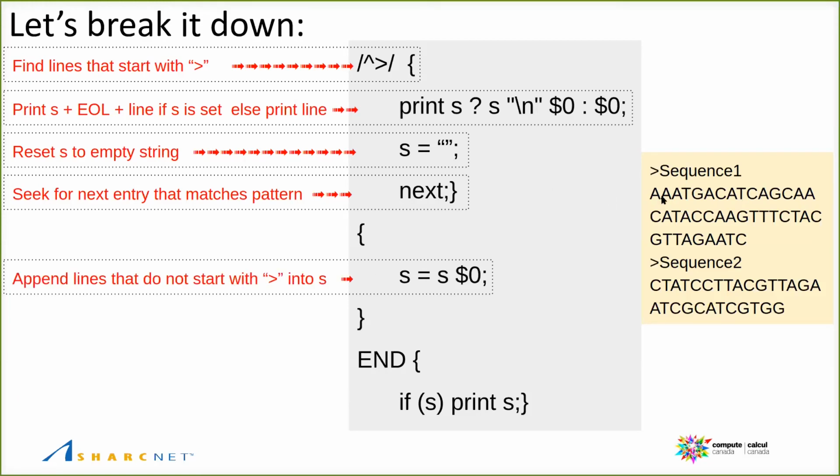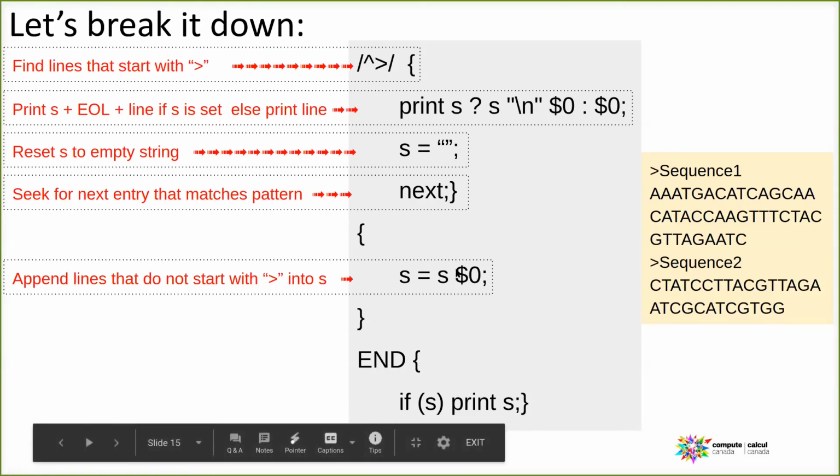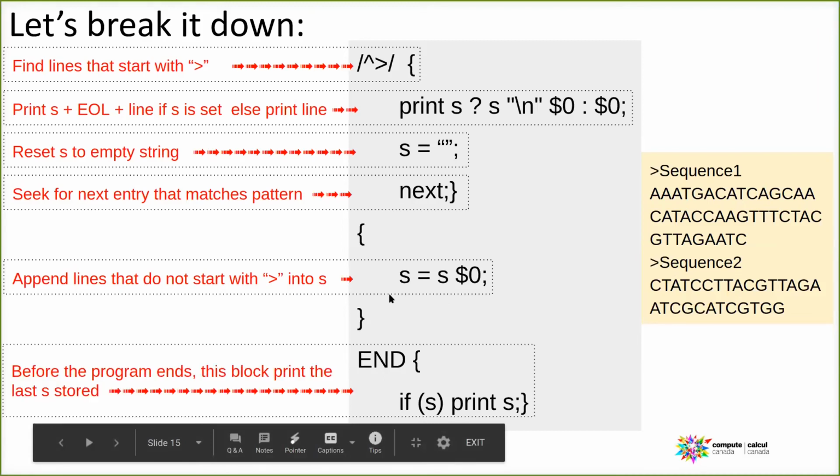Now I am in one of the sequence lines. I'm going to set s to the previous s plus the actual line that is there. That's what we're going to do: append the line to s. That's basically what this line does. And then at the end, when everything is done and I went over all the file, if s exists, print s.